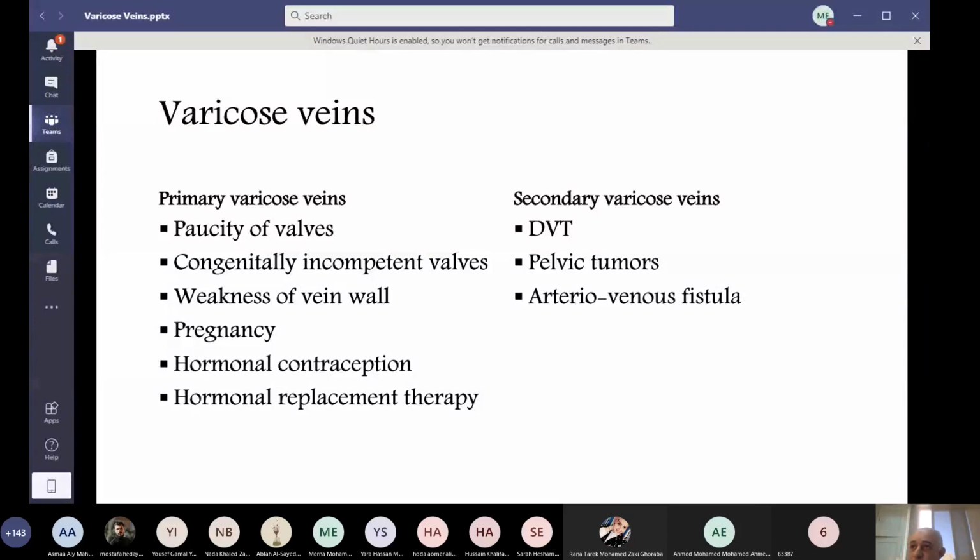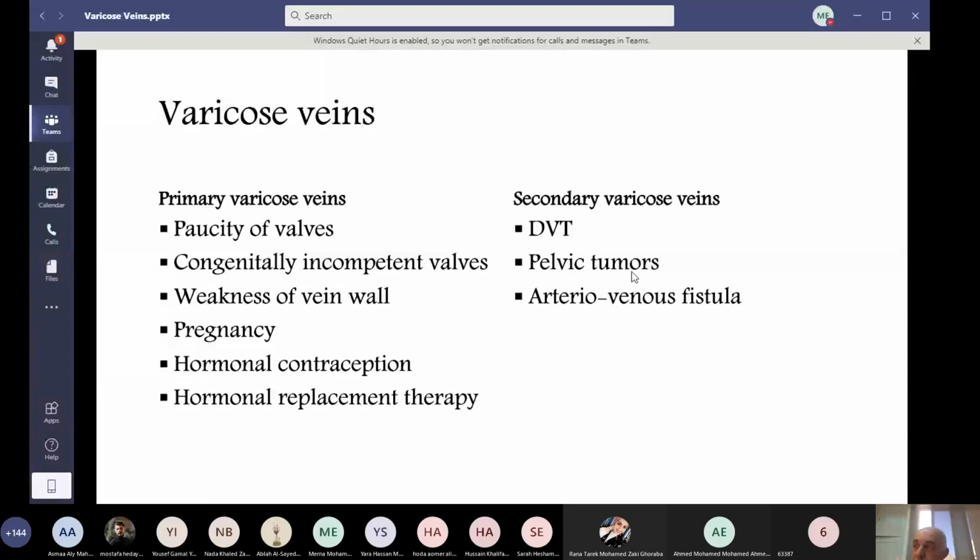But this is at the expense of the function of the valves. The valves will be permanently destroyed, and ultimately the patient can develop secondary varicose veins.